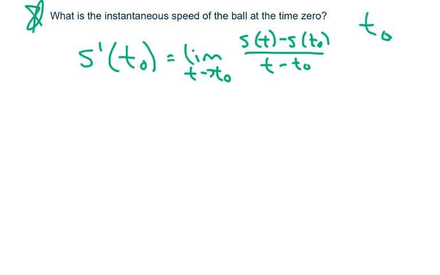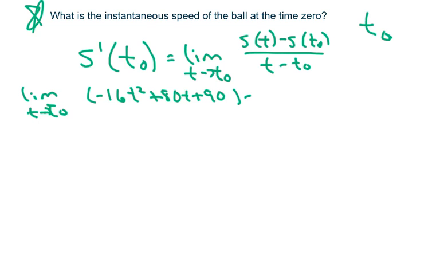Now, this is going to give us the limit as t approaches t 0, and we're going to have negative 16t squared plus 80t plus 96.